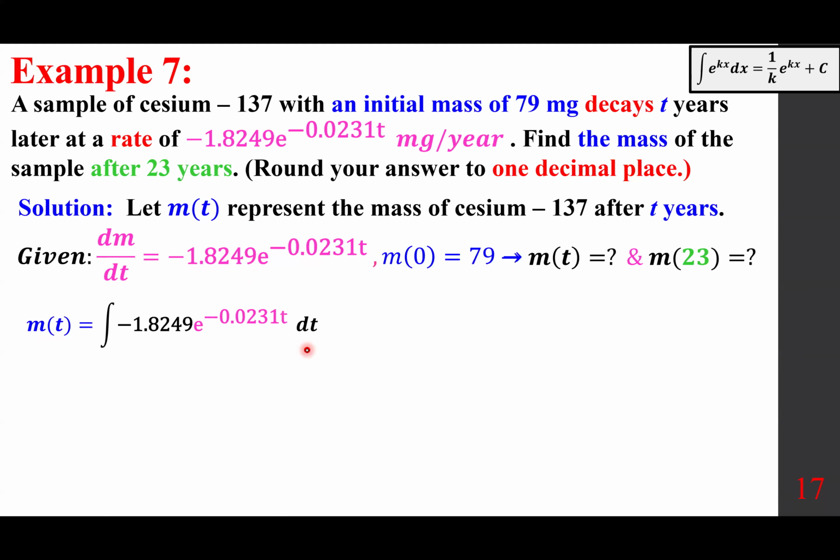Now, as you know, when we differentiate e to the power of kx, we multiply by k. When we integrate, we divide by k. So the answer is itself divided by k. That means divide by the coefficient of t. We get negative 1.8249 divided by negative 0.0231 e to the power of the same power and a constant.